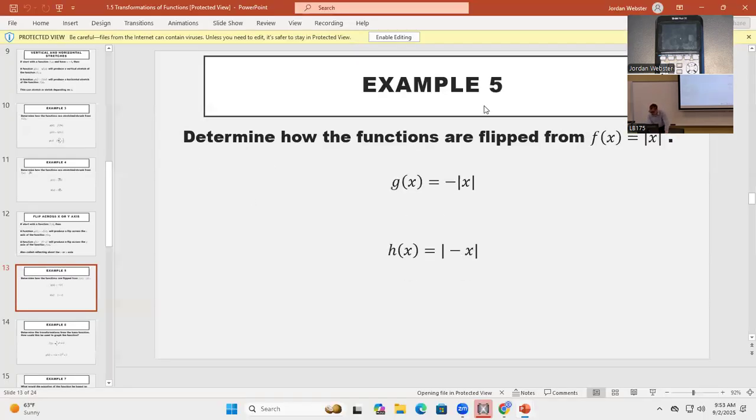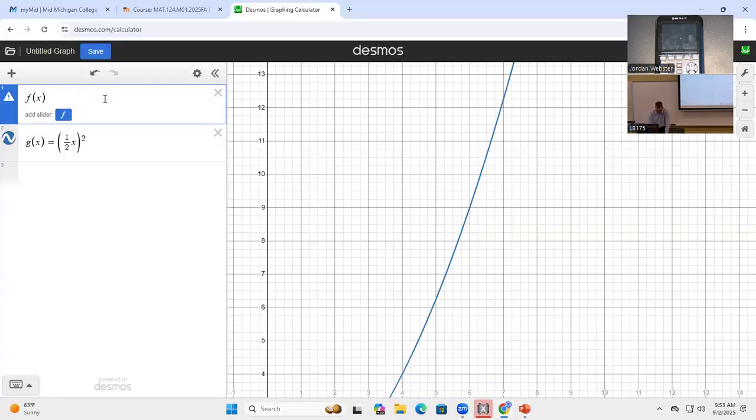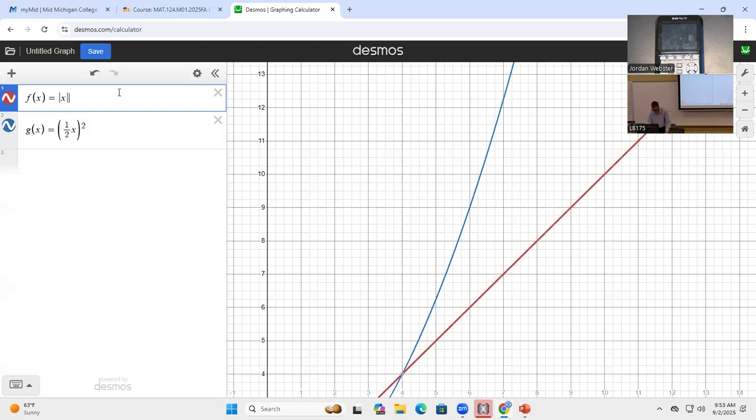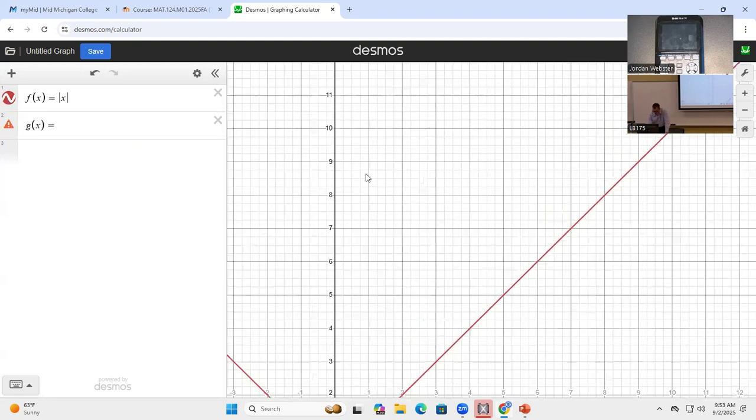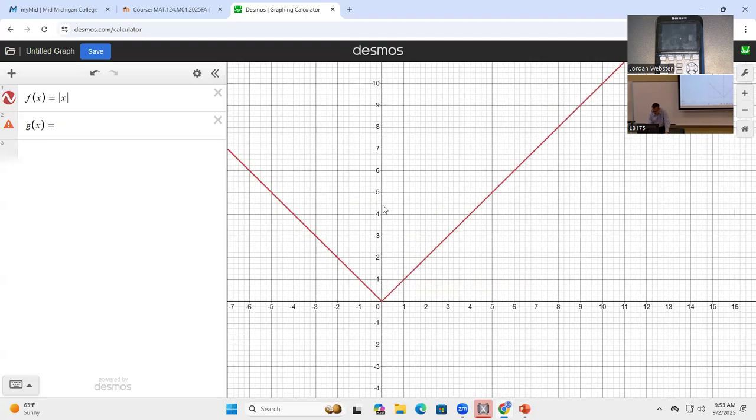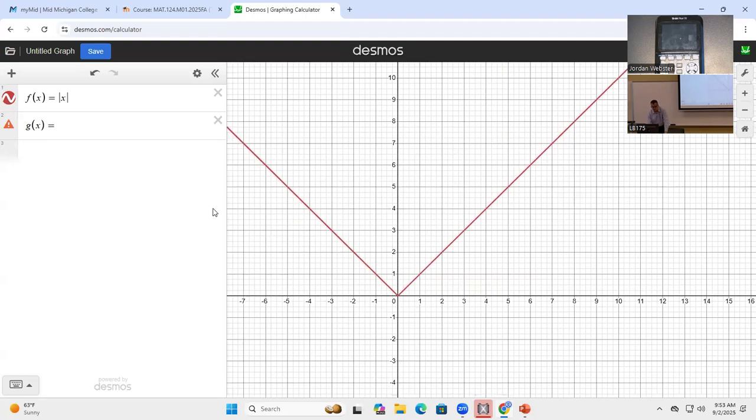I'll use Desmos on this one. There we go. So that's my standard absolute value of x function graph.